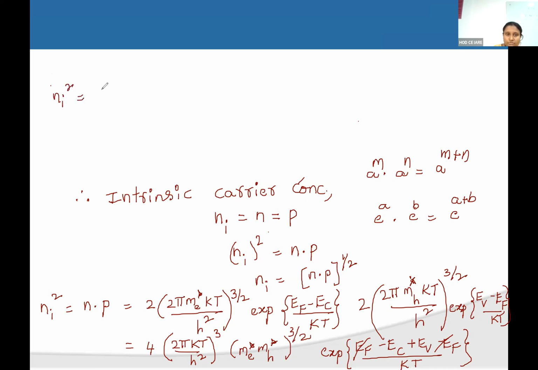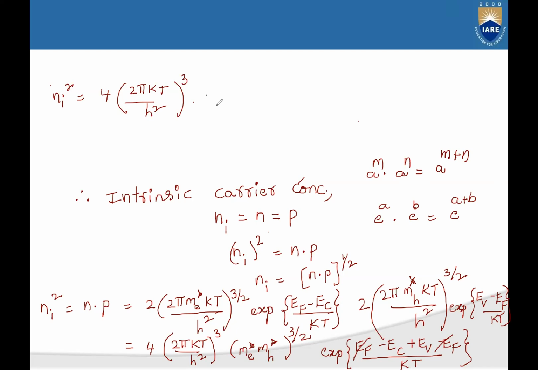So here, 4 into (2 pi kT by h square) whole to the power of cube, into (me star mh star) whole to the power of 3 by 2.